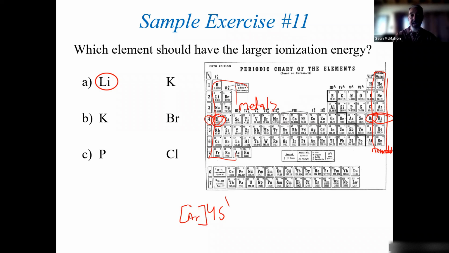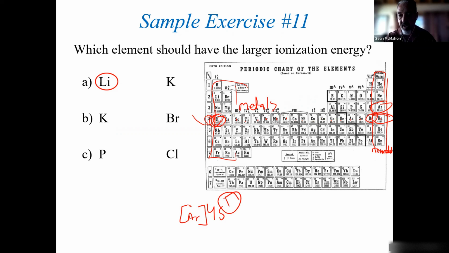It actually wants to lose this valence electron, because if it loses it, now it's like argon, and it's happy. It's easier to lose the 1 electron than gain 1, 2, 3, 4, 5, 6, 7, 8, 9, 10, 11, 12, 13, 14, 15, 16, 17. It's easier to lose 1 electron than gain 7. But for bromine, it's easier to gain 1 than lose 17.